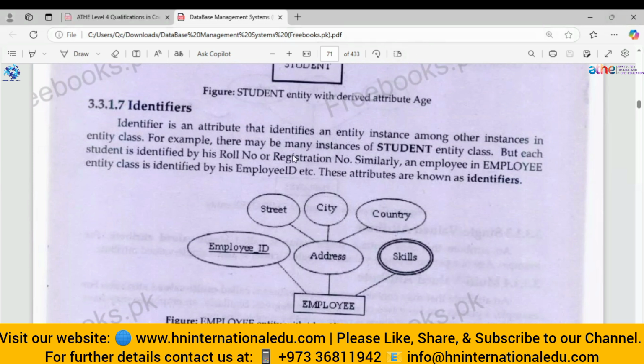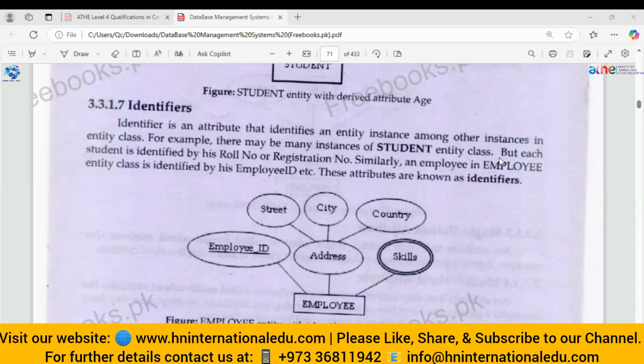Just like, for example, your roll number. You can only have a single roll number or your registration number. No one can have the same registration number. Everyone has a unique registration number. So these are known as identifiers. Identifiers are the attributes that uniquely identify an entity.